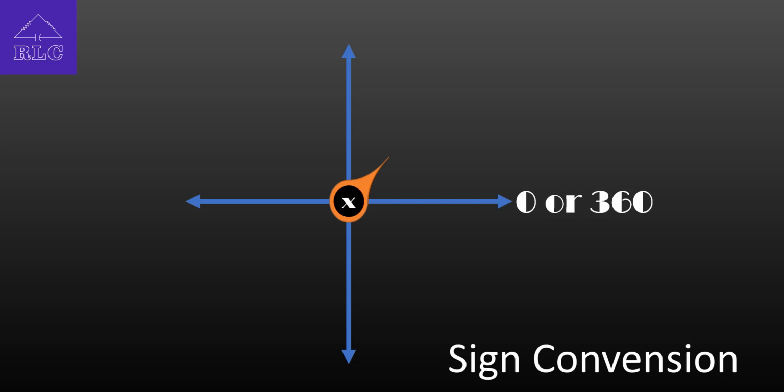Next, the axis perpendicular to the x-axis is called the y-axis, and the positive y-axis I am denoting as 90 degrees. Next, the negative side of the x-axis I am taking as 180 degrees. Next, the negative side of the y-axis I am taking as 270 degrees.